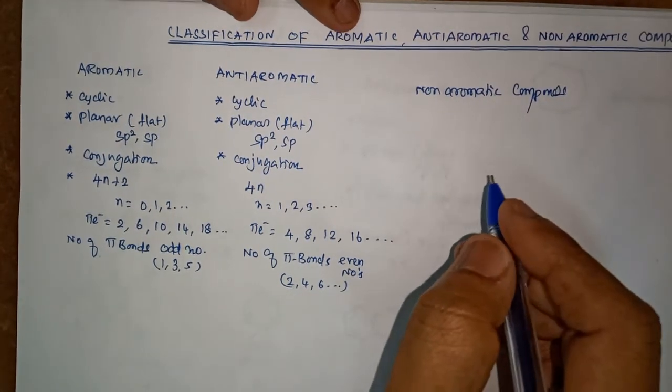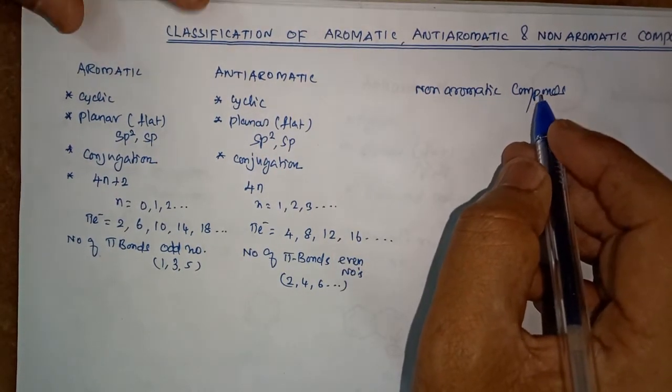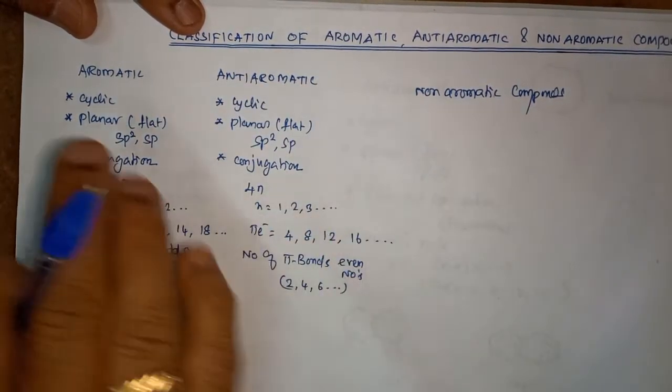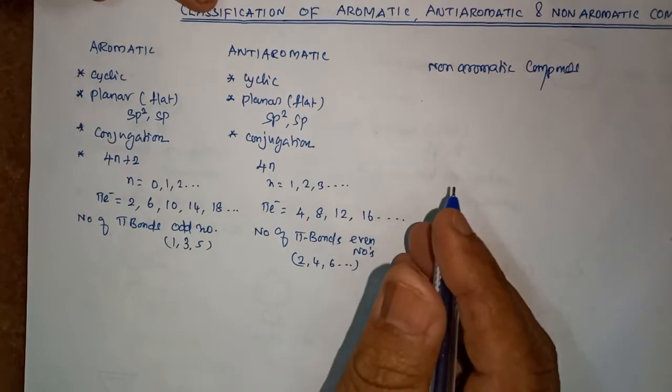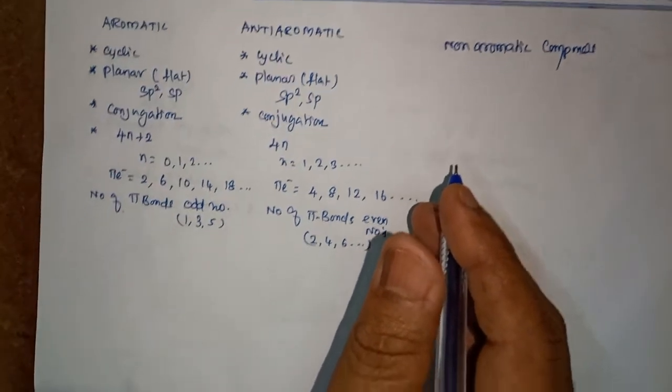These are the compounds which do not fulfil these conditions. Out of these 4 conditions, it may satisfy 1 or 2, but it cannot satisfy all the 4 conditions, right?